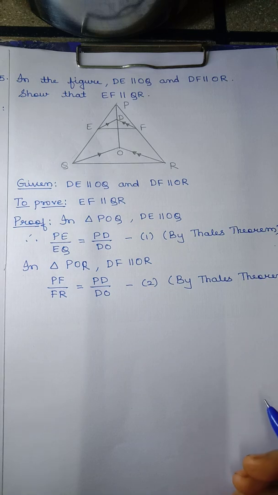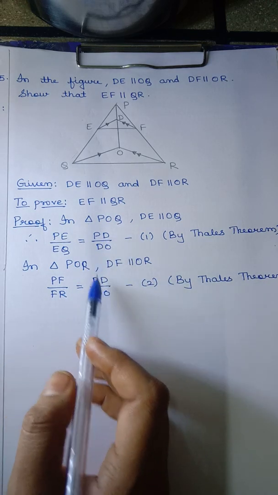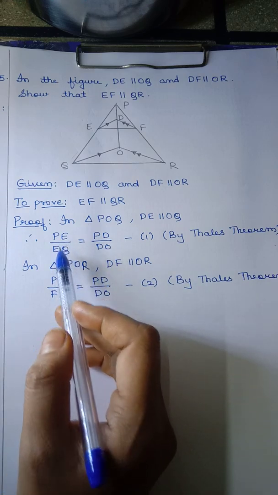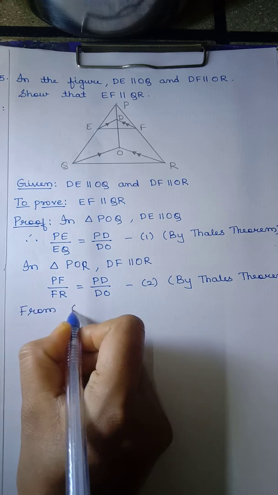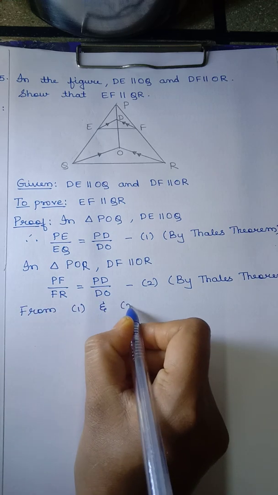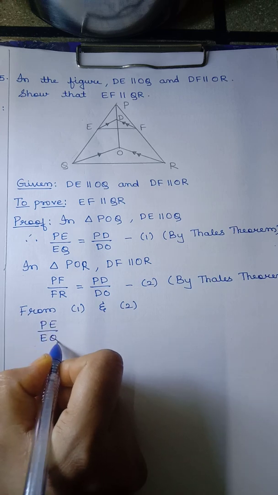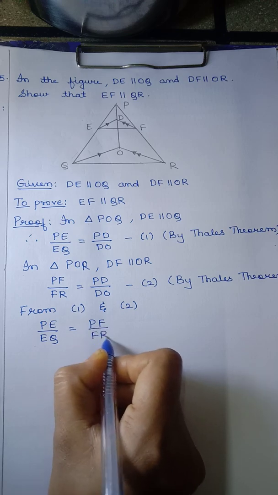Now compare the equations 1 and 2. In 1 and 2 equations you can see RHS are equal, PD upon DO, PD upon DO. So therefore LHS will also be equal. So write from 1 and 2, PE upon EQ will be equal to PF upon FR.